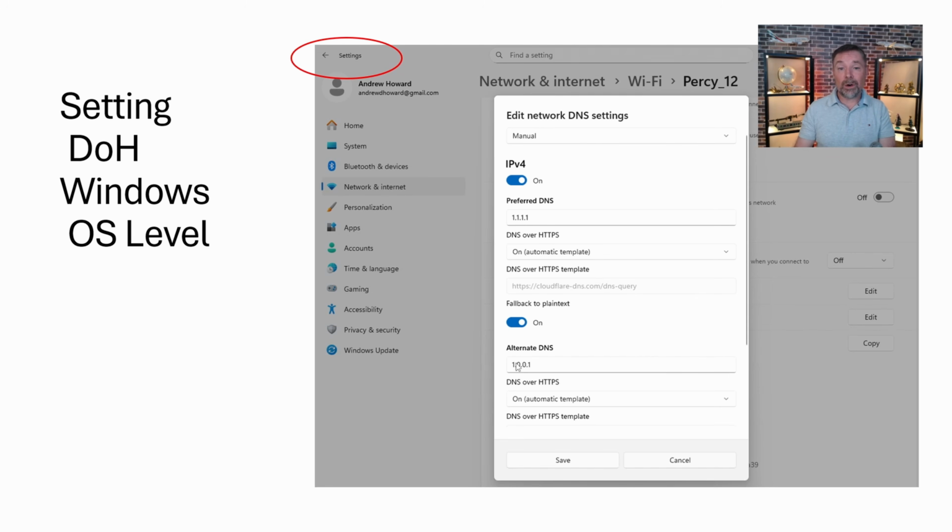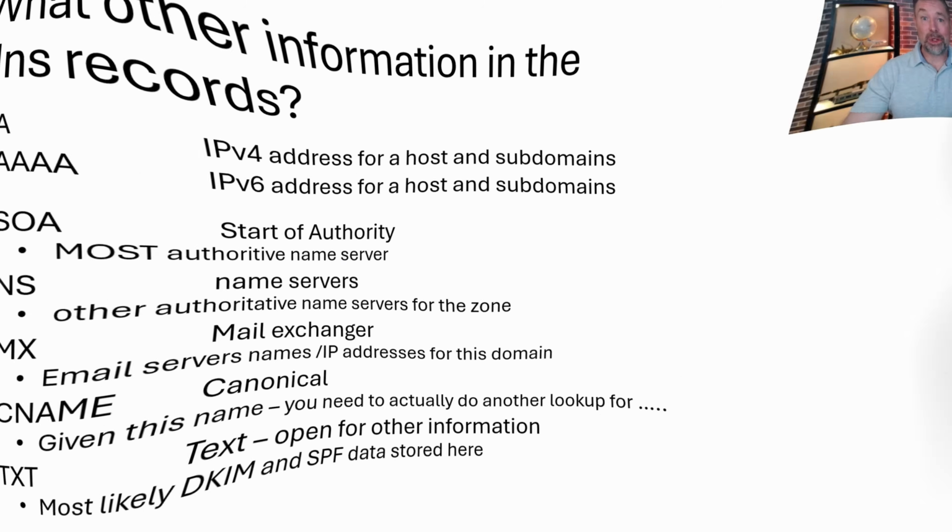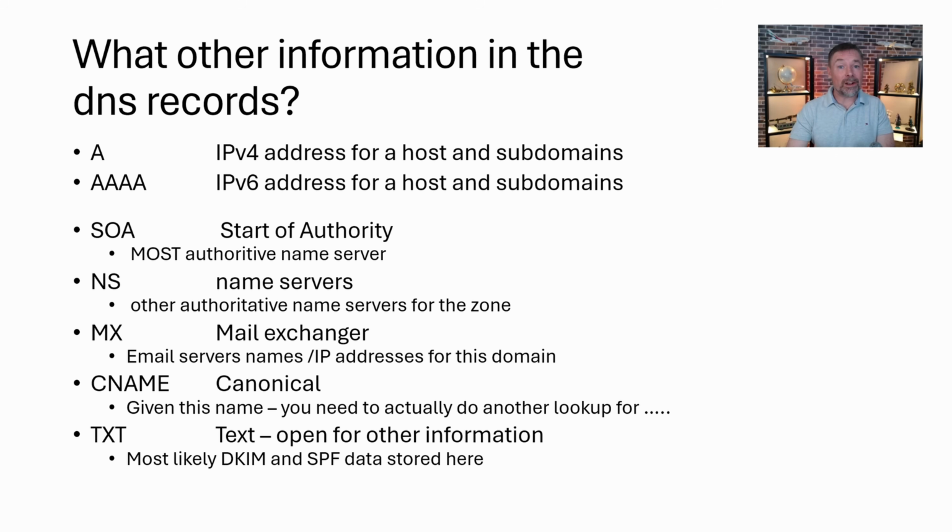In case 1.1.1.1 goes down, we have 1.0.0.1, which is also just a backup IP address for 1.1.1.1. And that's how you turn it on your Windows computer. So this is something you do have control over. You can set it in your browser, just for that browser, and you can set it at the operating system as well.